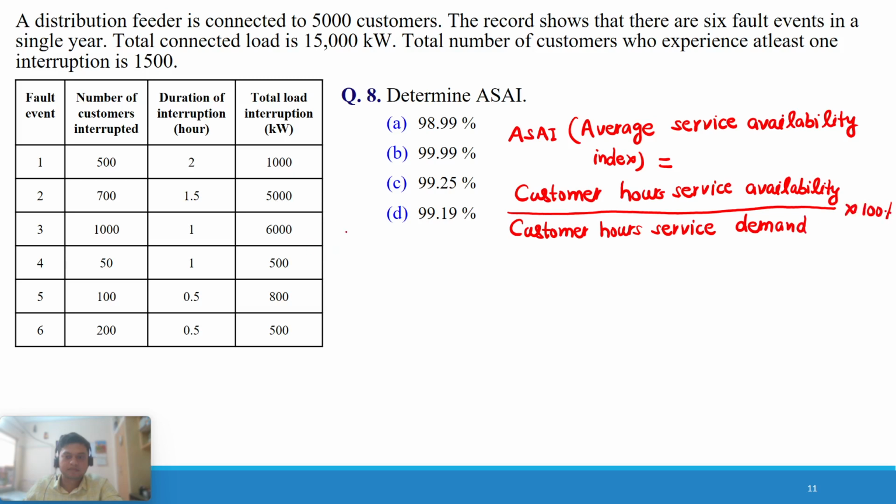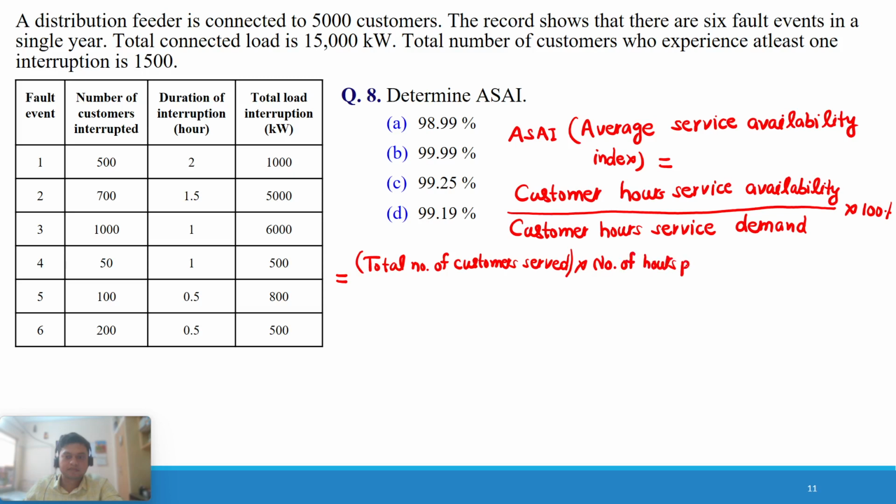So further we can simplify it. Customer hour service availability is total number of customers served into number of hours. The data is given for a year, so whatever the number of hours per year, we have to multiply based upon the duration for which the data is given.